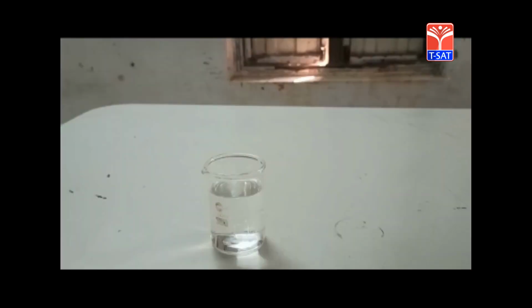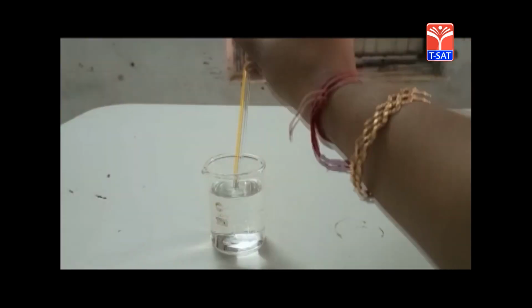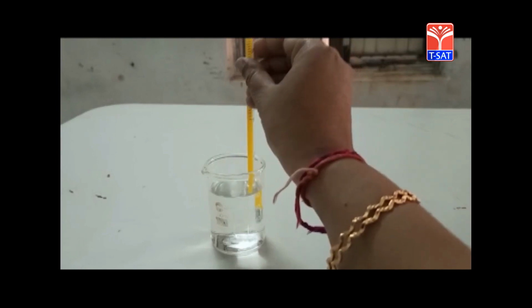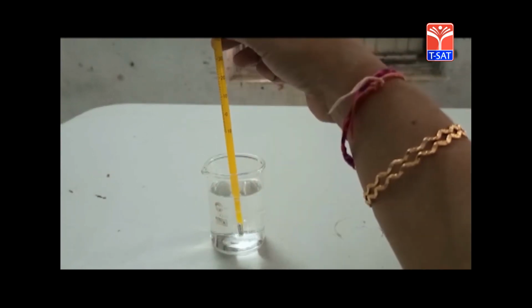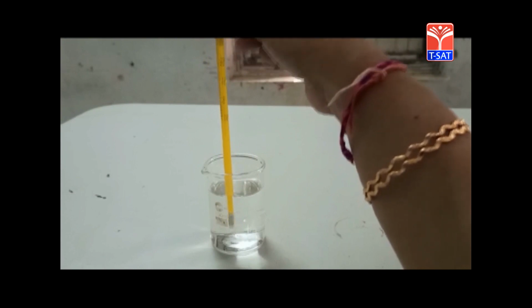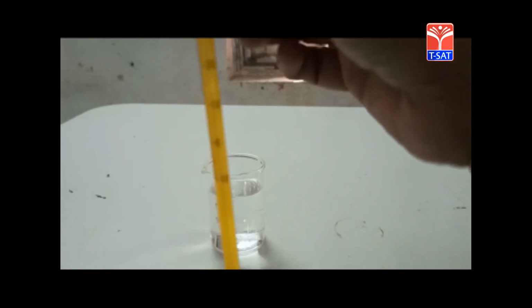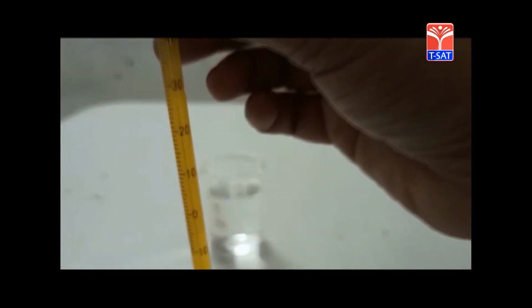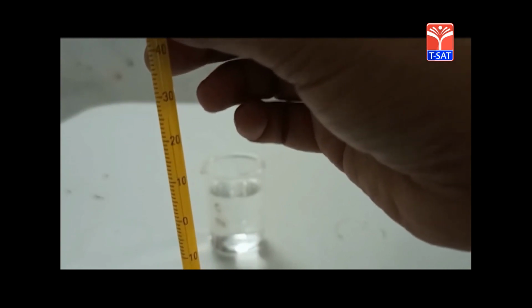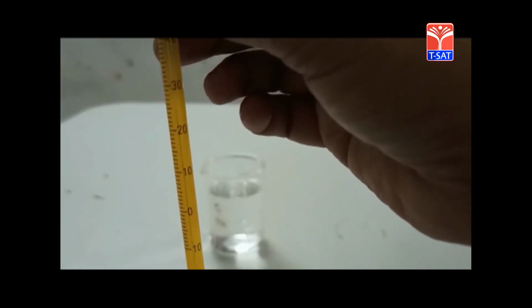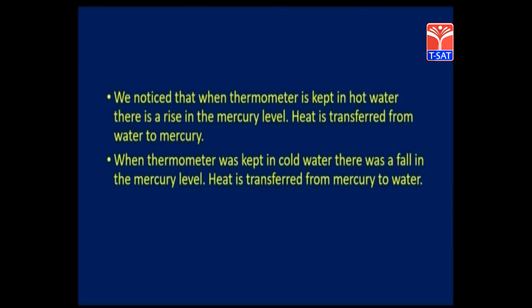Now take a beaker of cold water, replace the thermometer and observe the readings. After a while, we observe that the temperature of the cold water is nearly 25 degrees Celsius. So when kept in hot water, the heat is transferred from the hot water to the mercury.